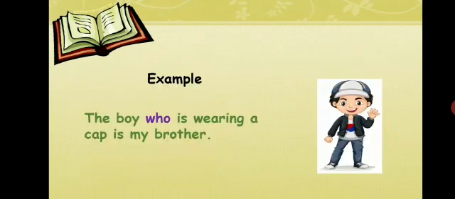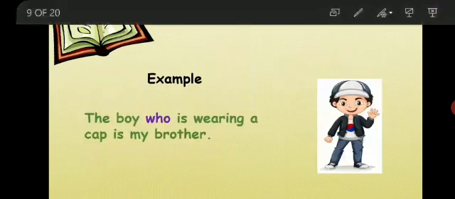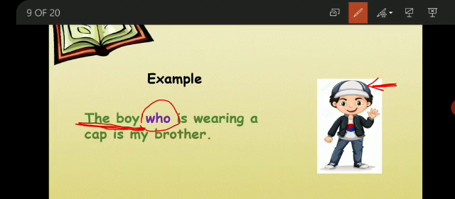Look at the picture. It is a picture of a boy who is wearing a cap. The boy who is wearing a cap is my brother. So, in this sentence, we have used who because we are talking about this boy, this person. So, we have used who to represent the boy.